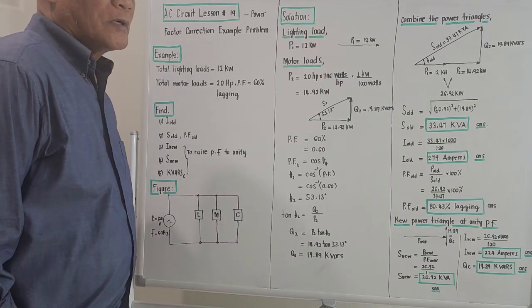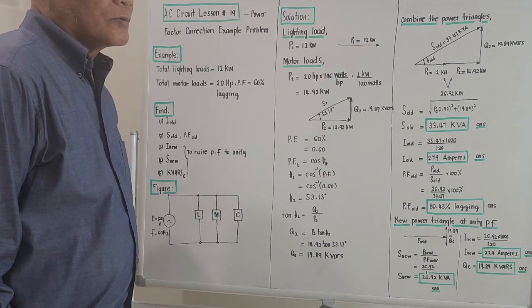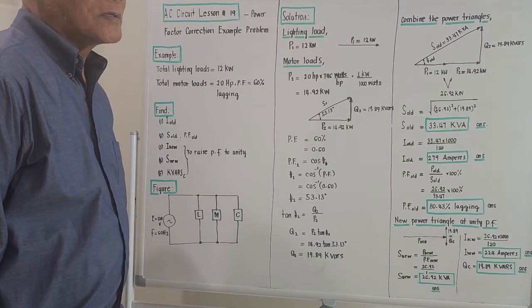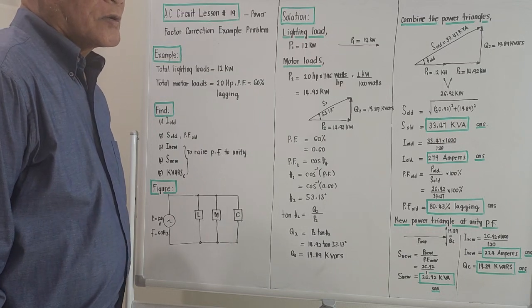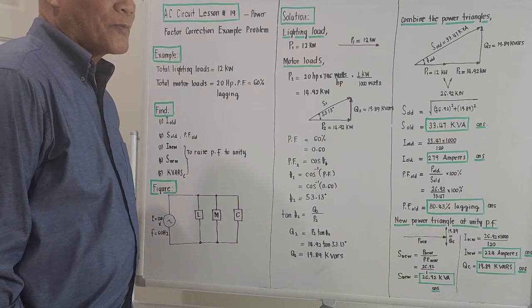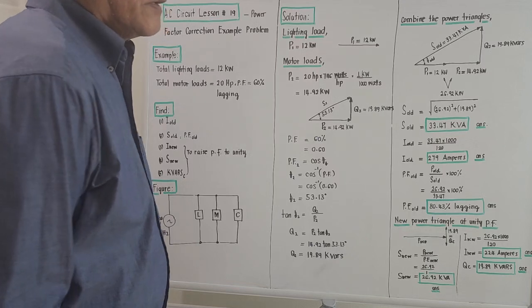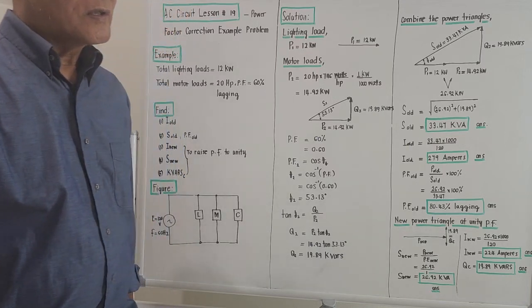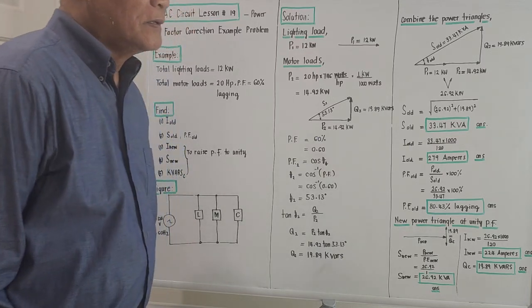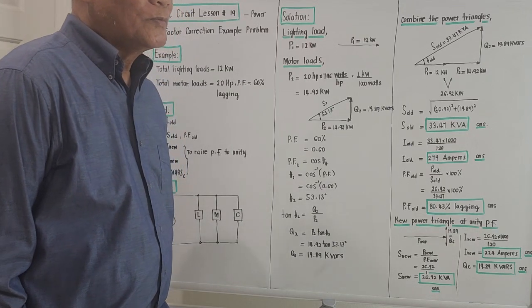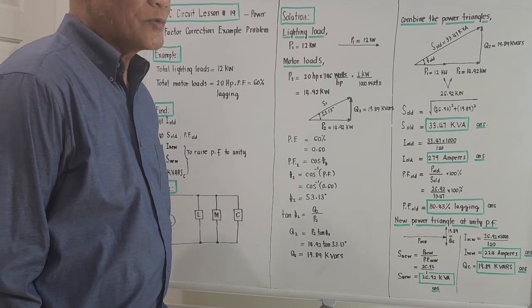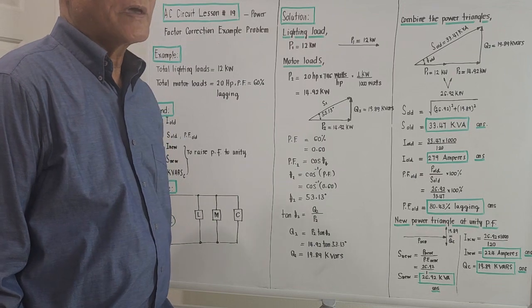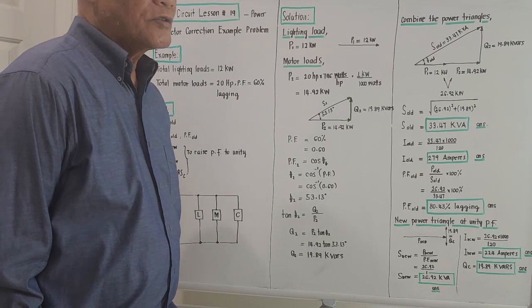Every household could use this concept on how to minimize your utility bills. Okay, this is with regards to the so-called power factor correction. Mr. Elon Musk is selling a gadget online to improve or lessen our current consumption, and this is actually the concept behind it.